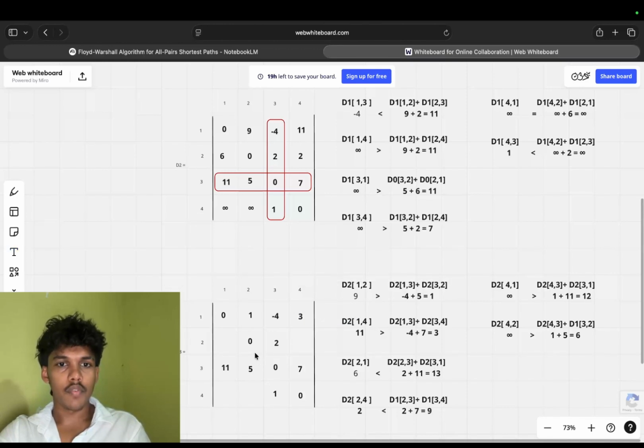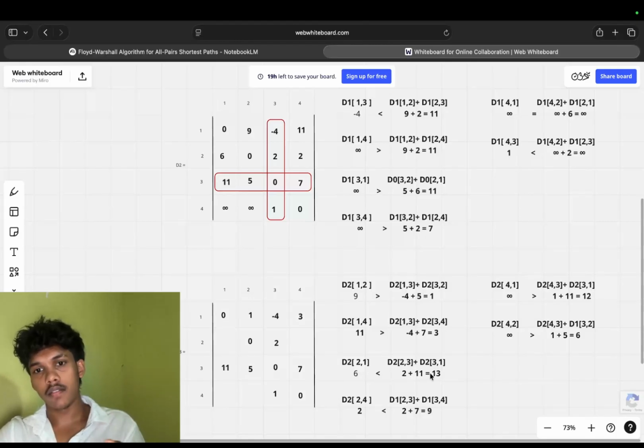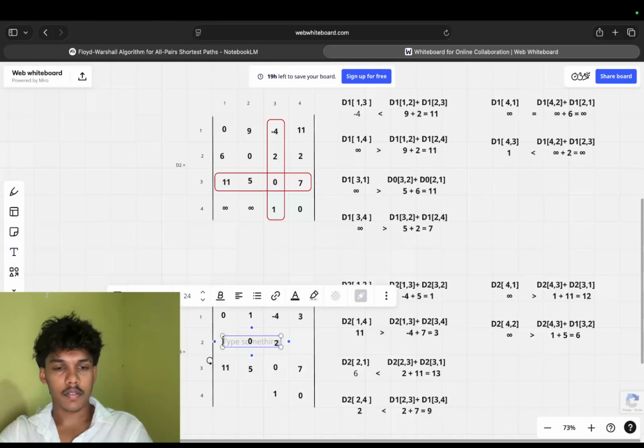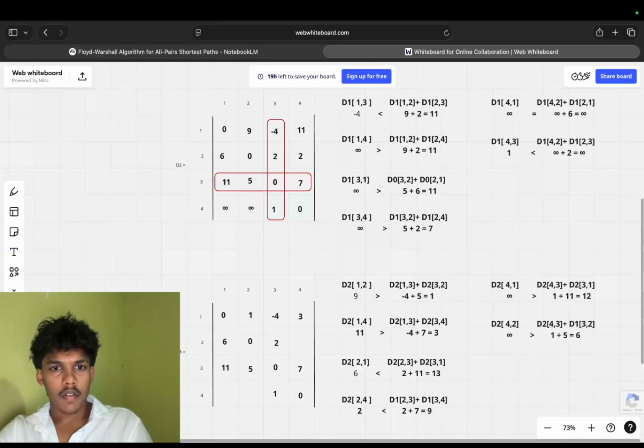Okay. Now we have to find 2 to 1. 2 to 1 is 6. Our middle element path is 2 to 3, then 3 to 1. 2 to 3 is 2. 3 to 1 is 11. So answer will be 13. So 6 is obviously less than 13. So we will add 6 as our distance. Okay.